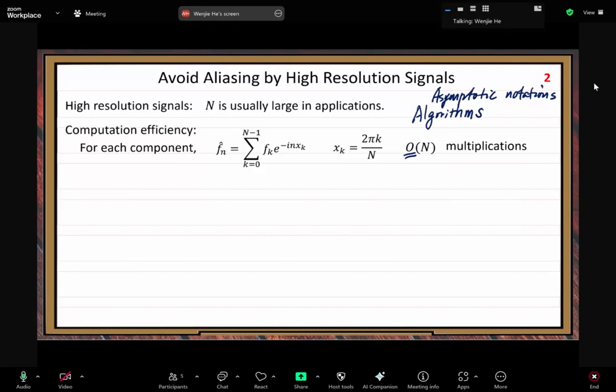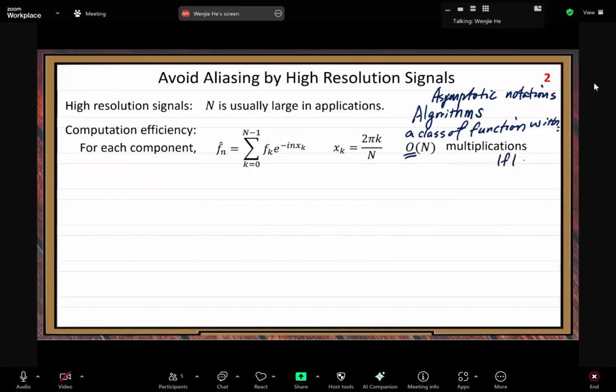This big O of n represents a class of functions, many functions, with a special property. What's the property?